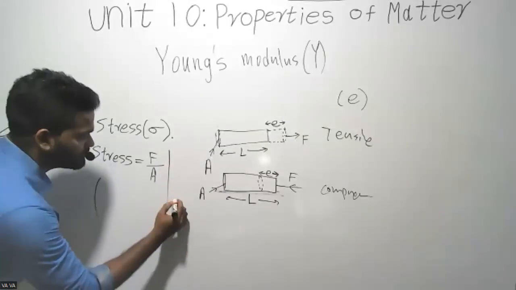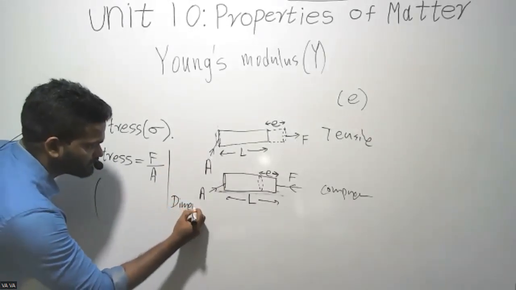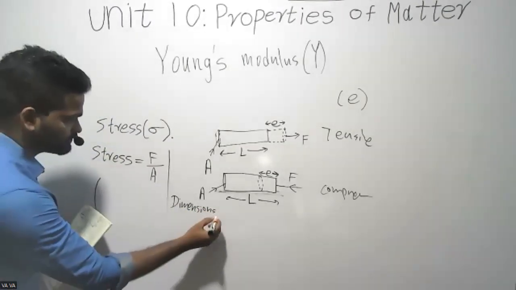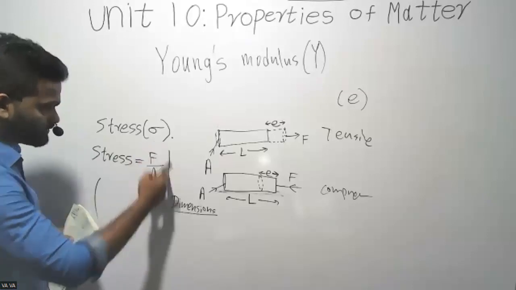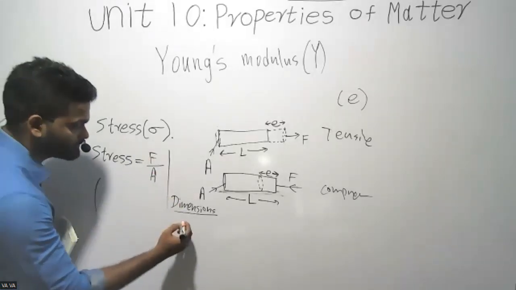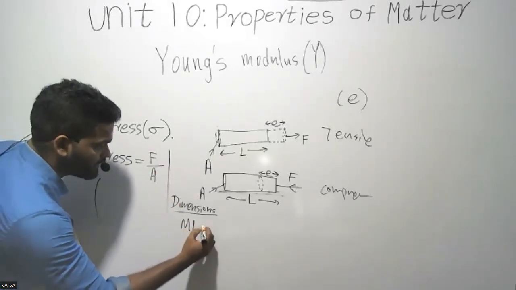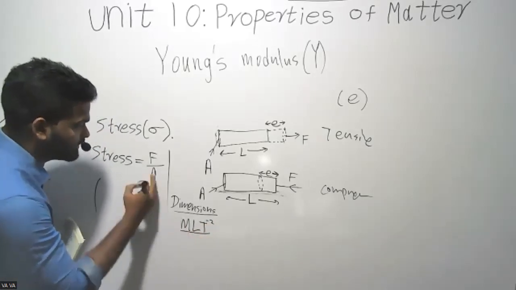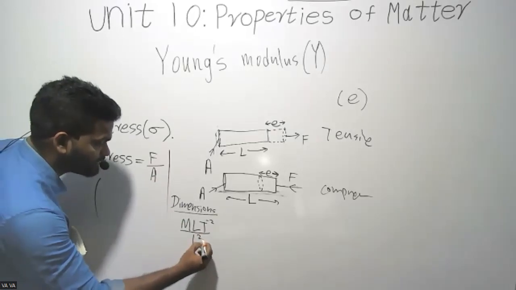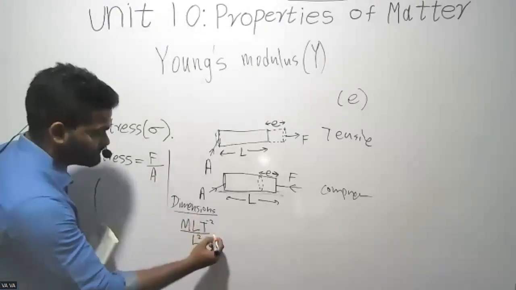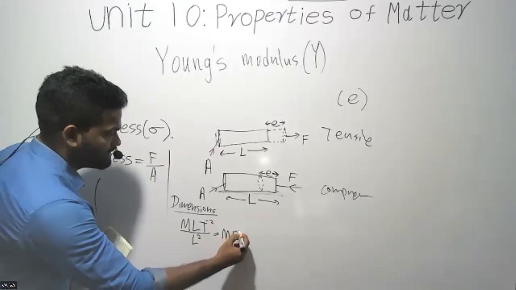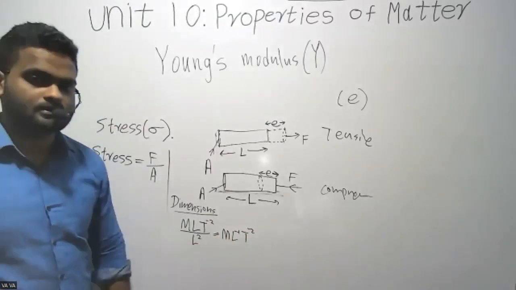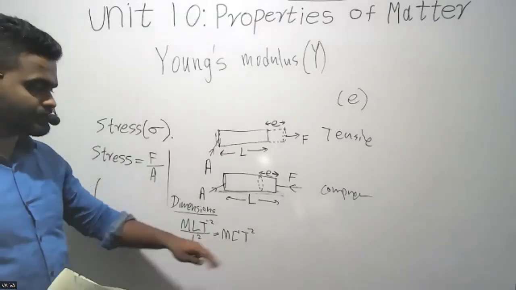You have to find dimensions of stress. Force is M L T minus 2, mass times acceleration, divided by cross section, that is L squared. So when you simplify that, M L minus 1 T minus 2, this is the dimensions of stress. Take it down.